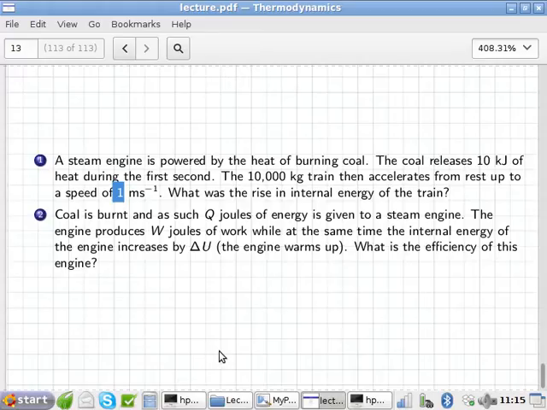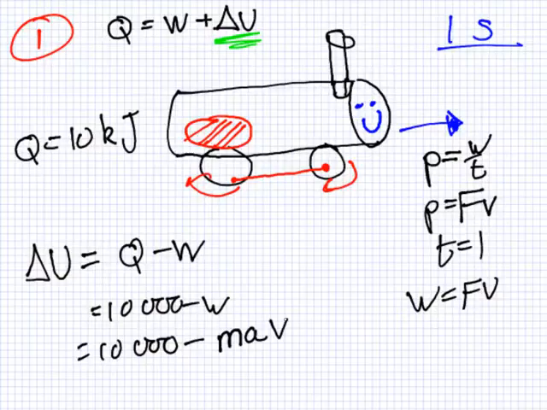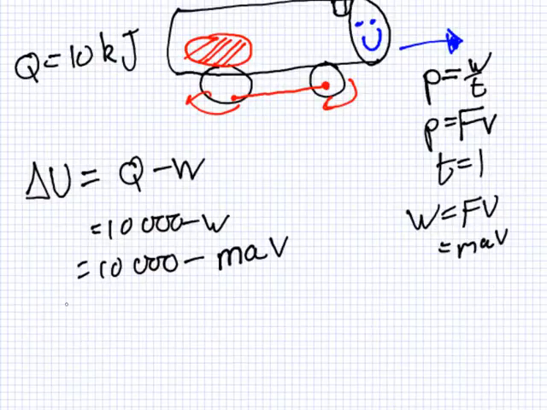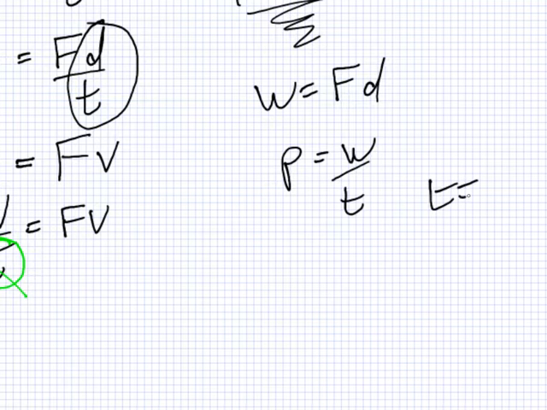No, we have to calculate it. So that's M A V. I'm saying work equals FD and power equals work over time. But if the time is 1, it's the same then.